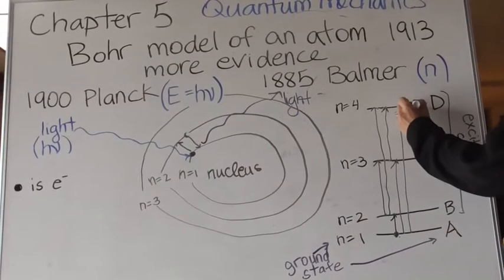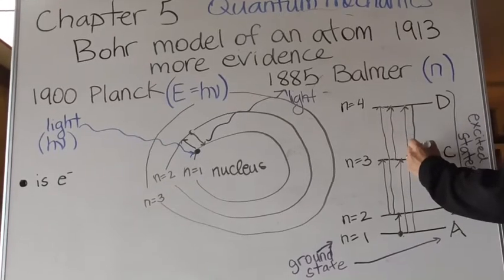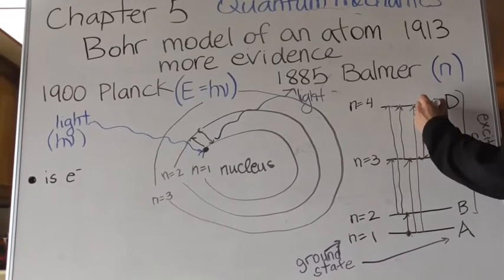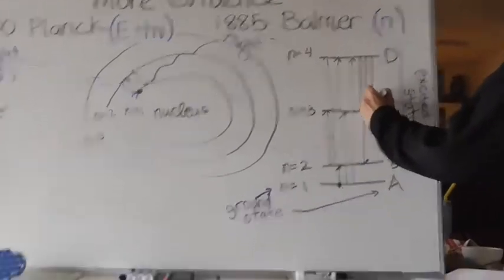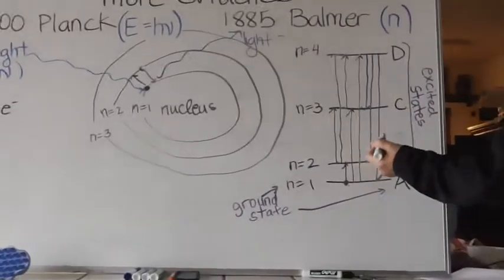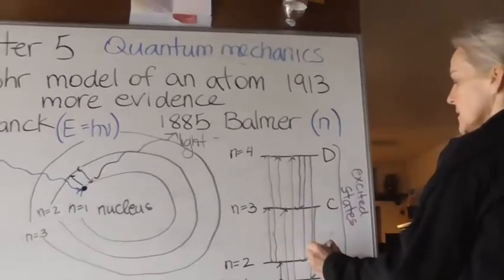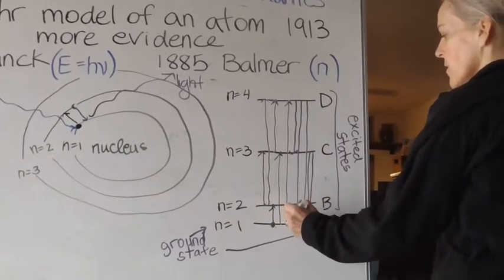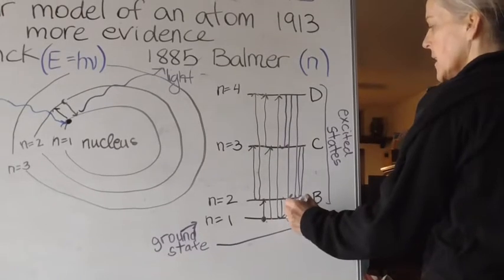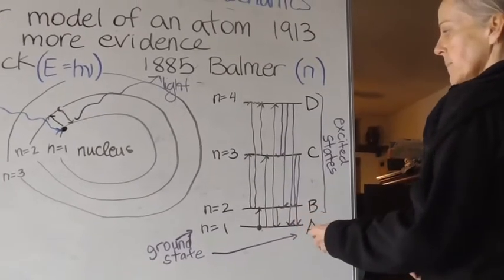You could have an electron up here, and it goes down. You could have one right here, goes down here, right here, goes down here. So you're still going to have 6 possibilities. It's kind of messy, but it's all the same combination.